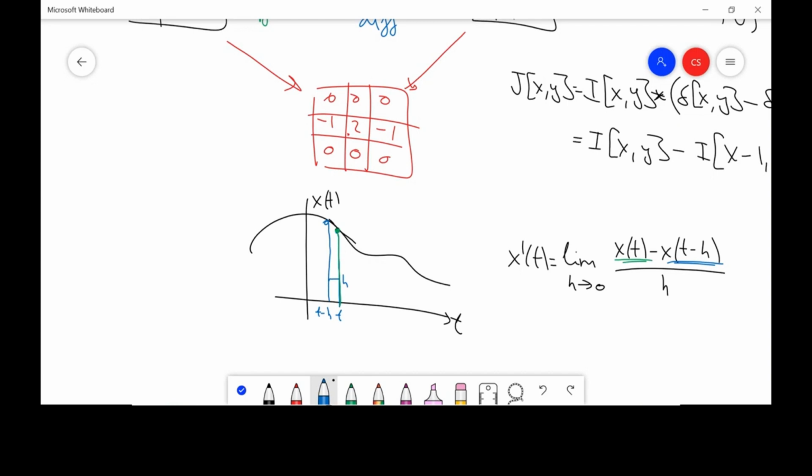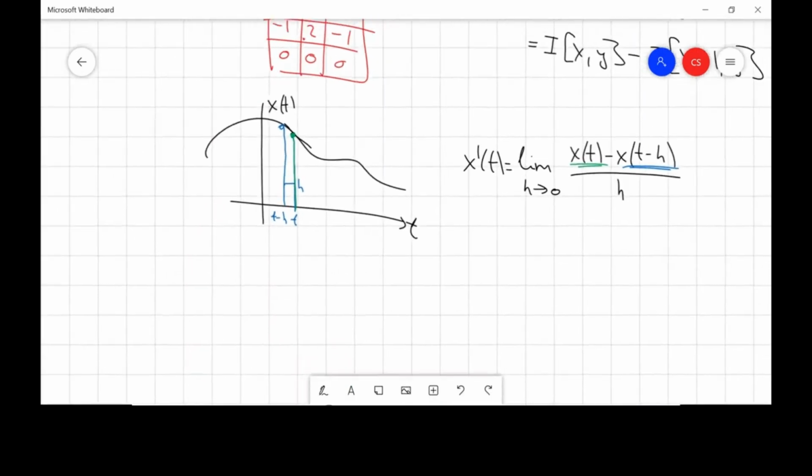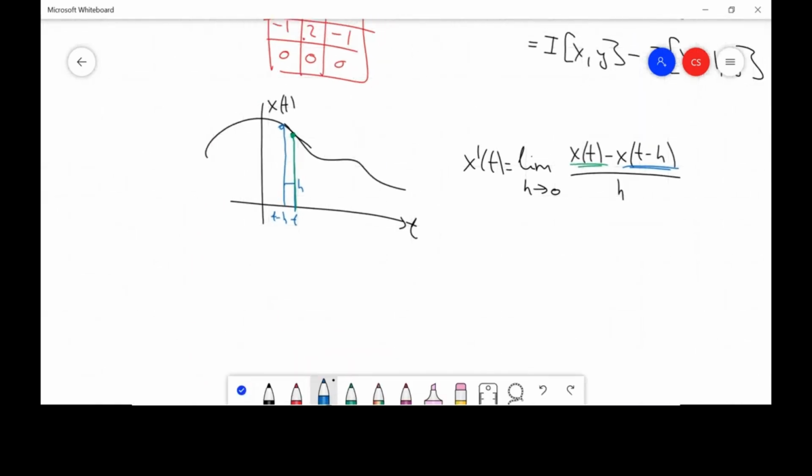What about the derivative from the right? It will be defined like this. x of t plus h minus x of t, divided by h. I will keep this the same color, but this one will now be red.